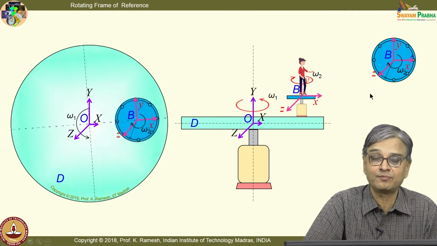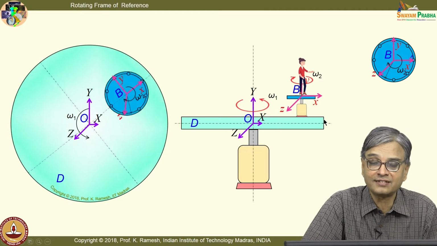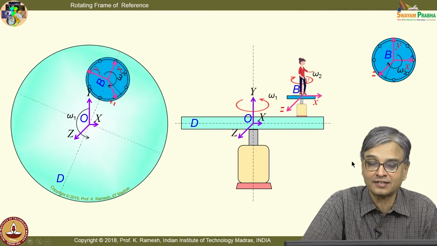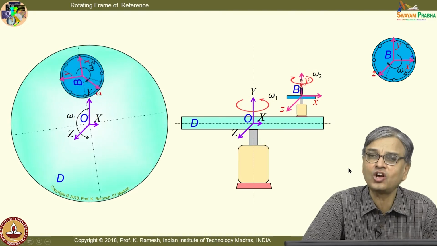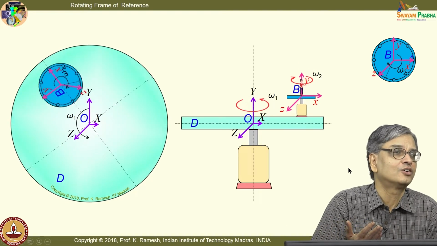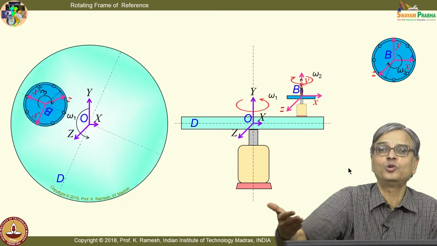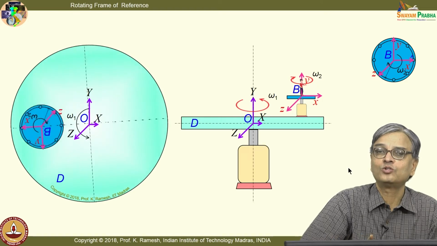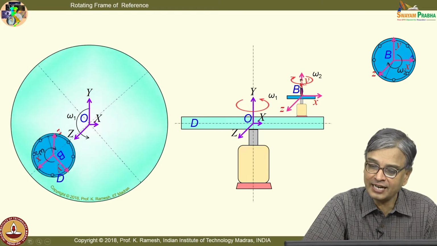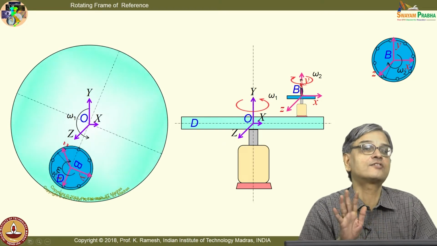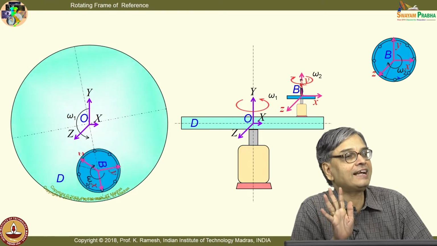You may say that I am too tall, so that I see what happens in this disk, what happens in the other disk. I can also shrink it, because these are all visualizations. You do not see anything outside this blue disk. You see only this disk, you will still perceive this disk is rotating. Is the idea clear?